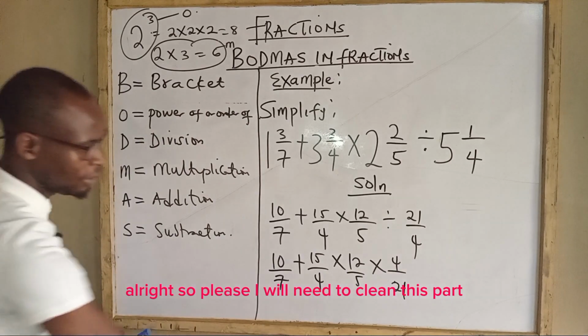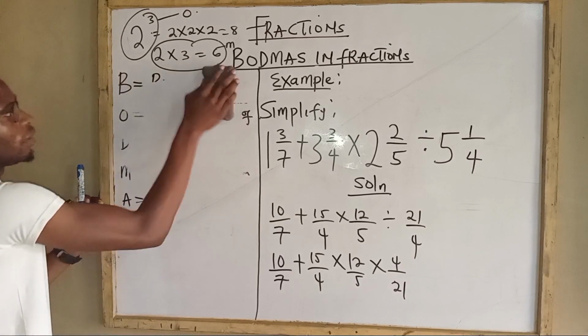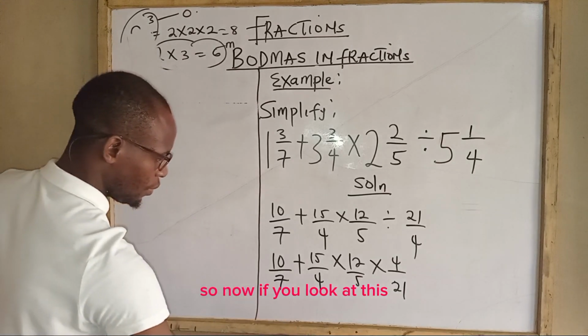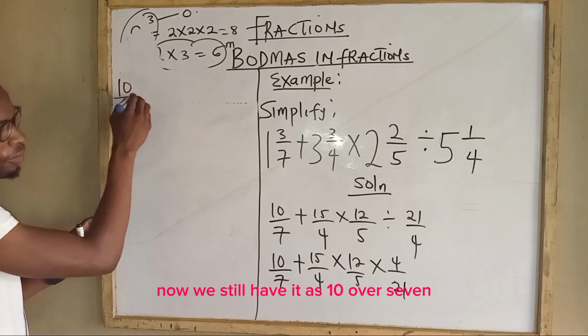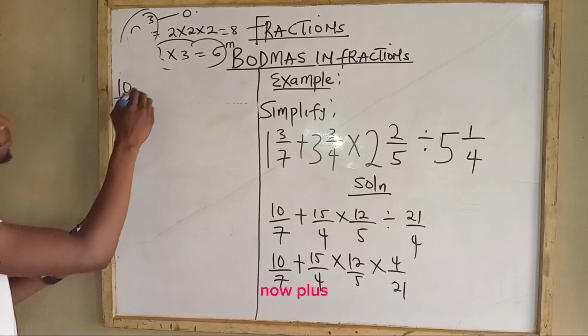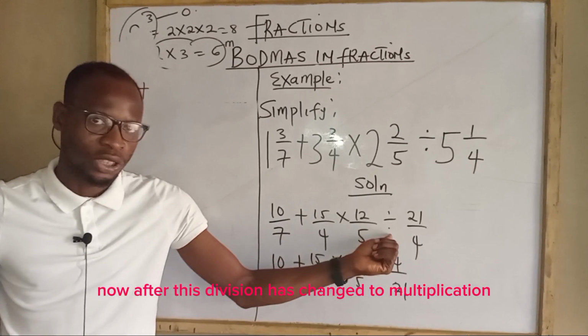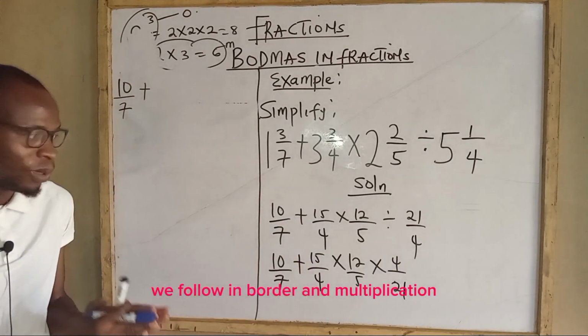So now, we still have 10/7 plus, and after this division has changed to multiplication, the next thing is multiplication.